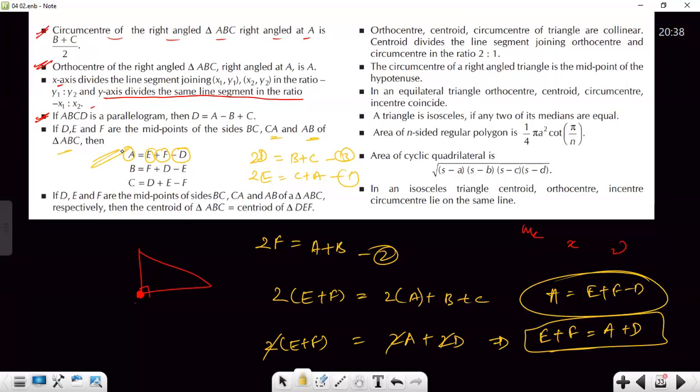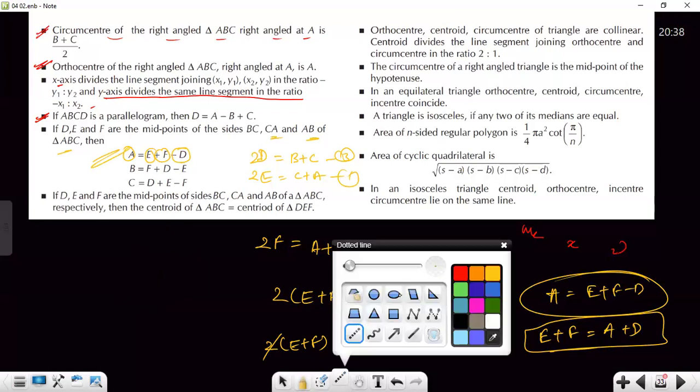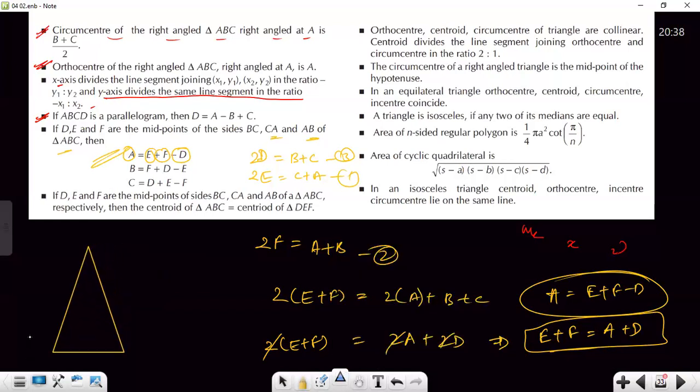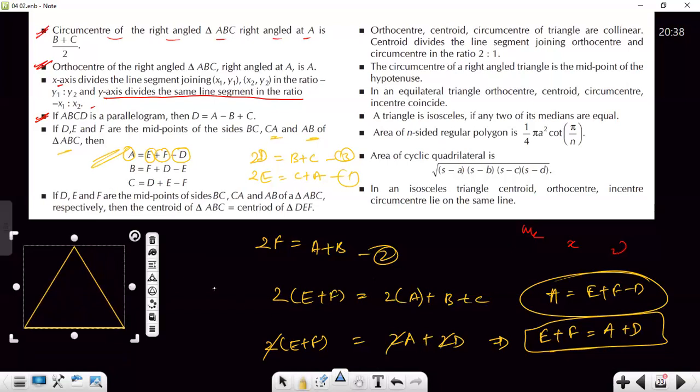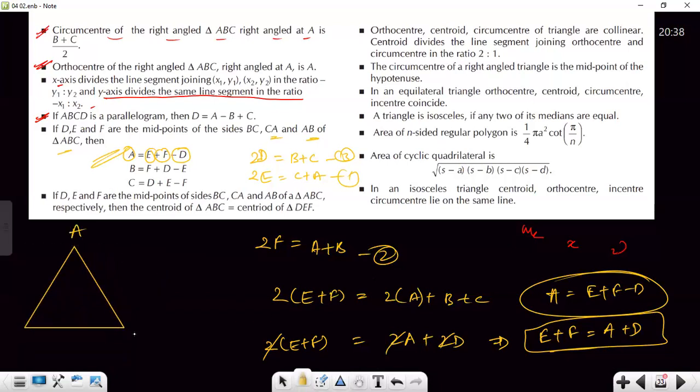So it will be better if I draw a diagram here. We'll be able to clearly remember. There was a triangle. Its vertices were given A, B, C, and their midpoints. D was the midpoint of BC, E was the midpoint of AC, and F was the midpoint of AB.